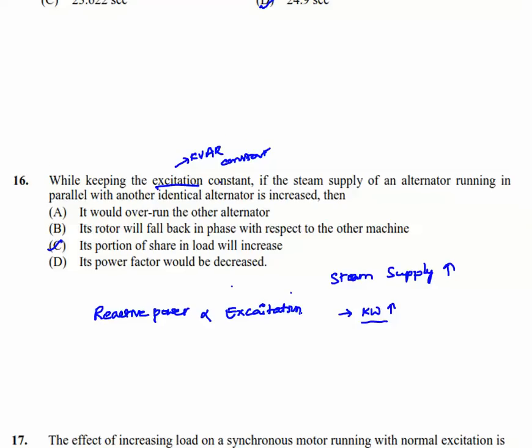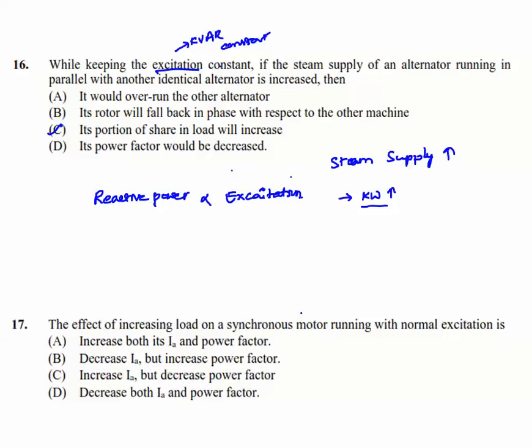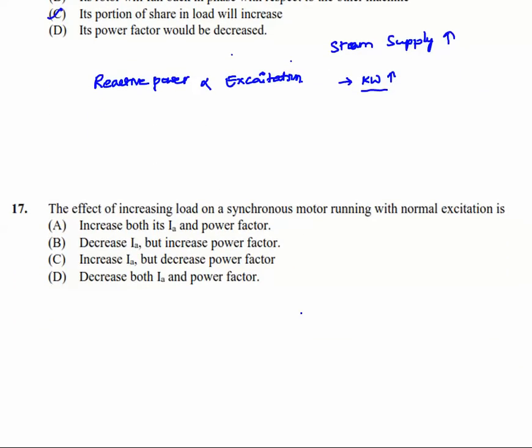And the next question on screen: the effect of an increase in the load on a synchronous motor running with normal excitation is. Okay, if we observe the V curves and inverted V curves of a synchronous machine, on the x-axis we will take excitation, and on the y-axis we will take the power factor and the armature current, like this.